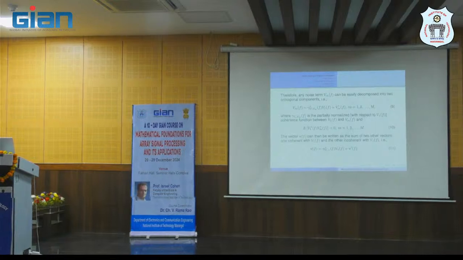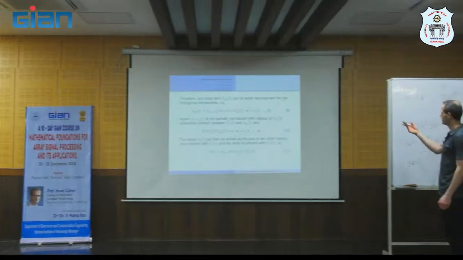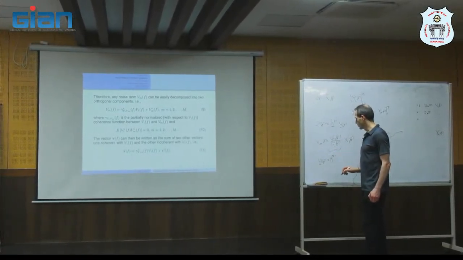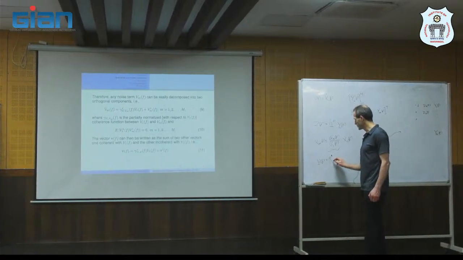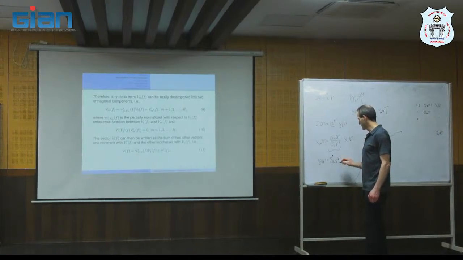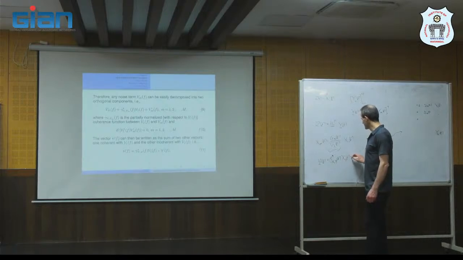We wrote it as a vector D, the complex conjugate coherence function between x1 and x, multiplied with the scalar x1f, plus v.